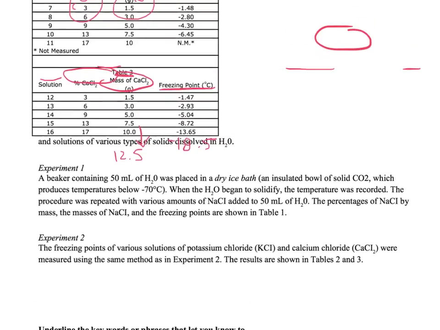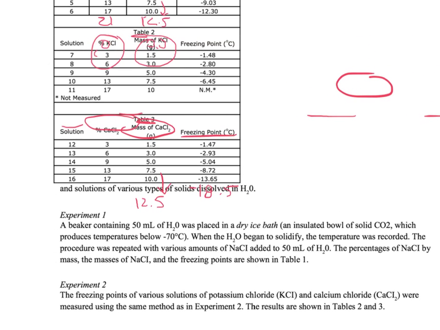So looking at data table number 3, and I'm going to use blue for this question, if we were to repeat this again with a mass of 0.0, then I know that that is below our given data point. Okay? And I want to estimate the freezing point for calcium chloride, CaCl2.